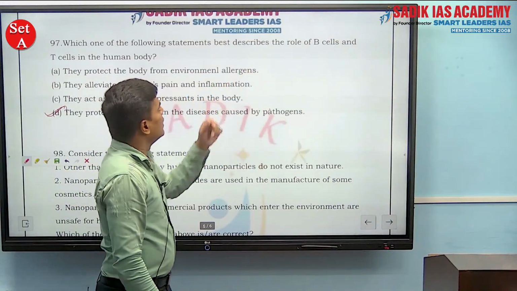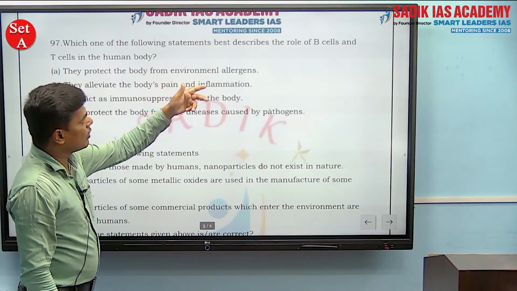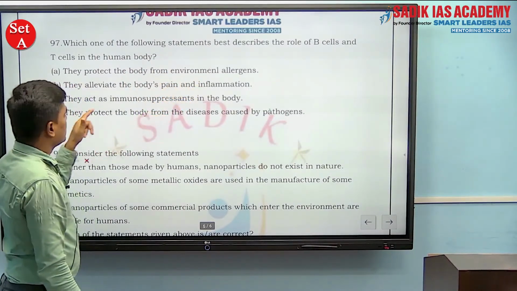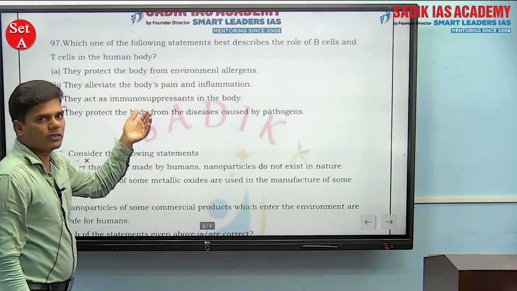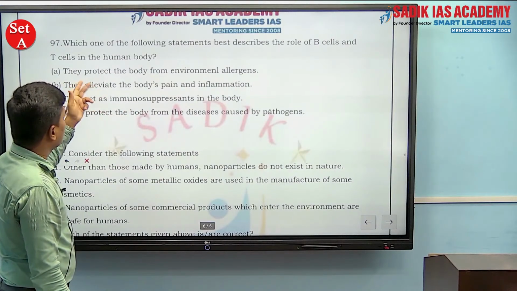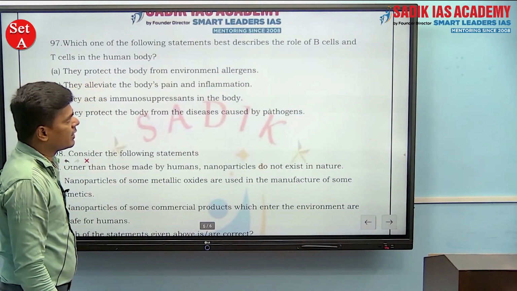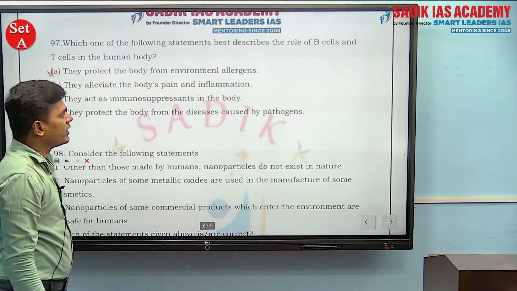The question is about which statement best describes the role of B cells and T cells, just for the immunity purpose. All other options: they protect the body from environmental agents? No. They alleviate the body's pain and inflammation?